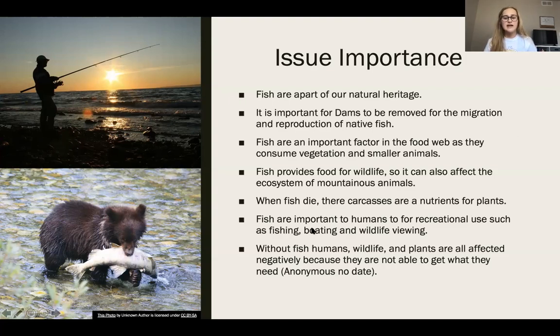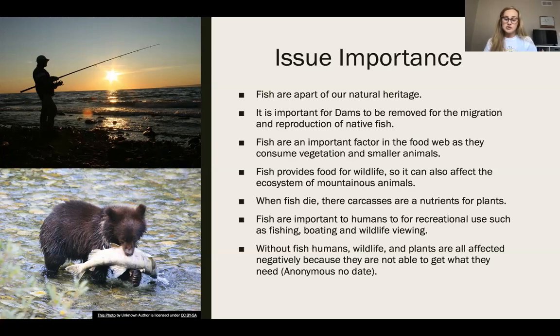When fish die, their carcasses are nutrients for plants. So not only does it affect the wildlife and humans, it also affects plants because they wouldn't be able to get those nutrients. It's really important that this issue gets resolved because if it doesn't, there will be a really horrible and dramatic effect.